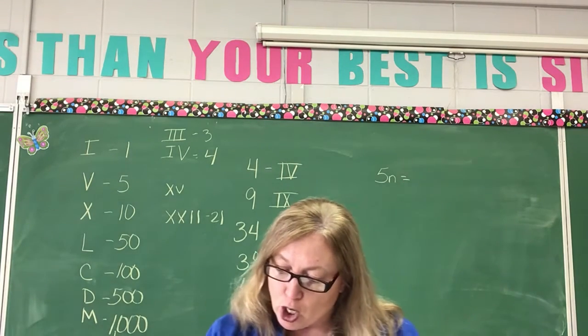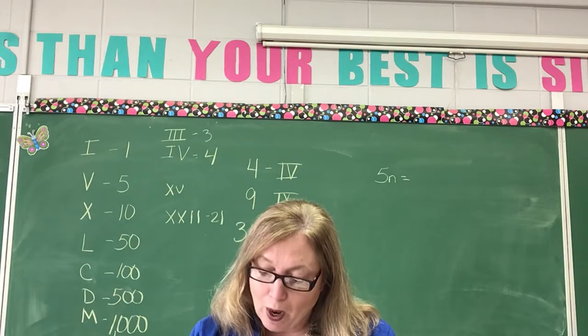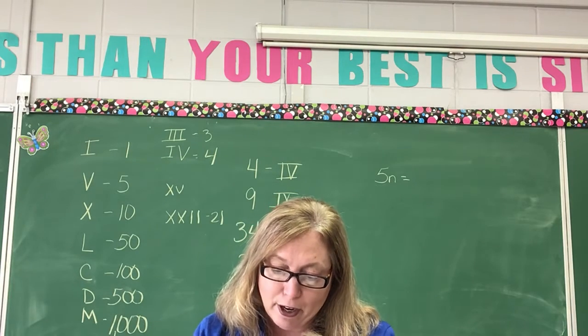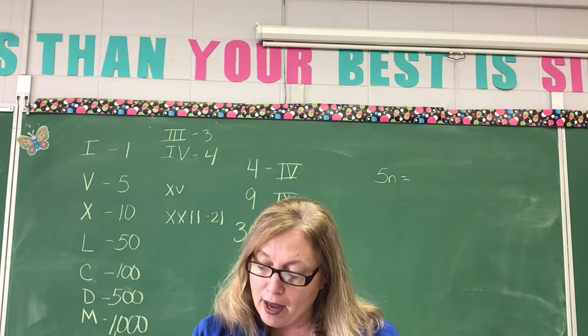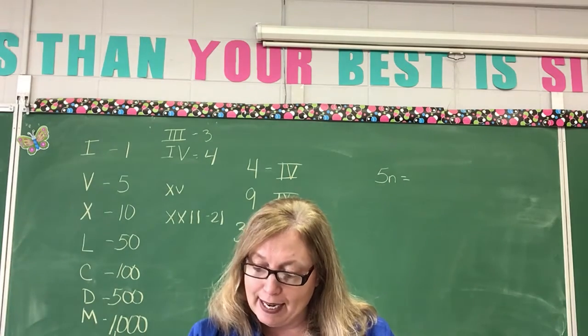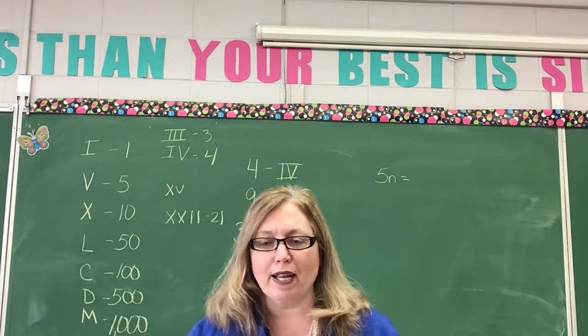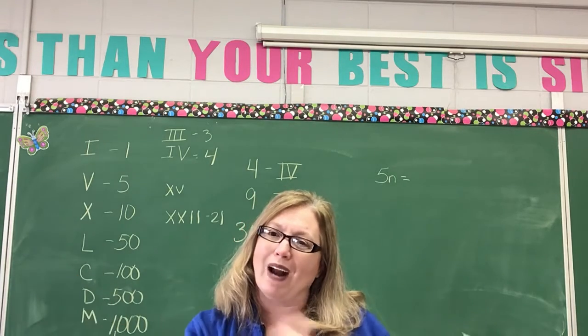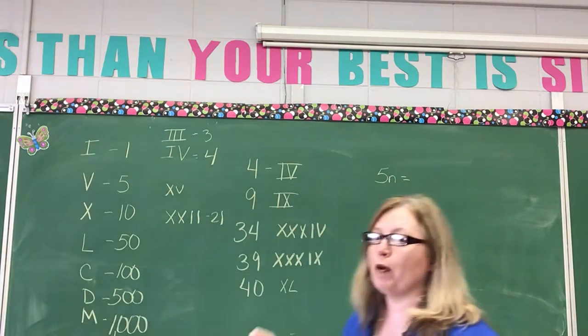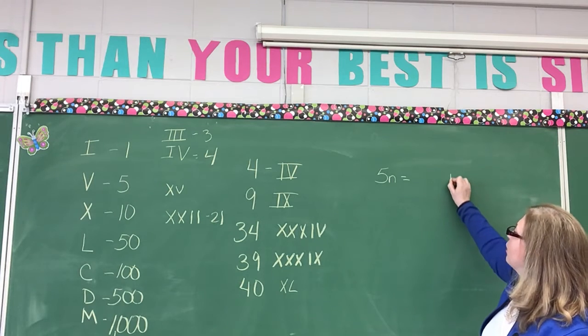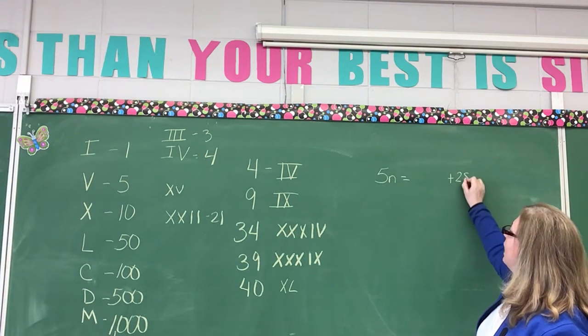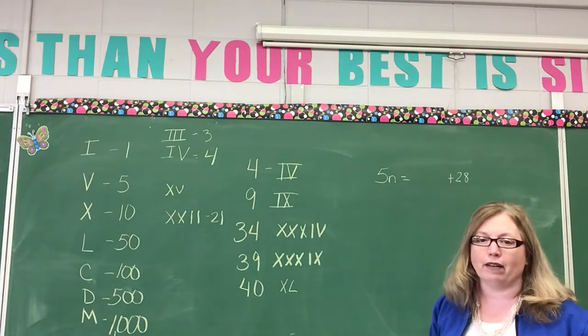It's 28 greater than the product of a number and -2. Because it says greater than something, we have to figure out what we're adding it to. So we're going to write plus 28 because that's what we're adding, okay?